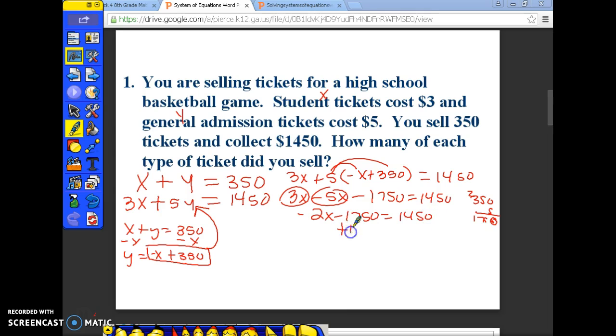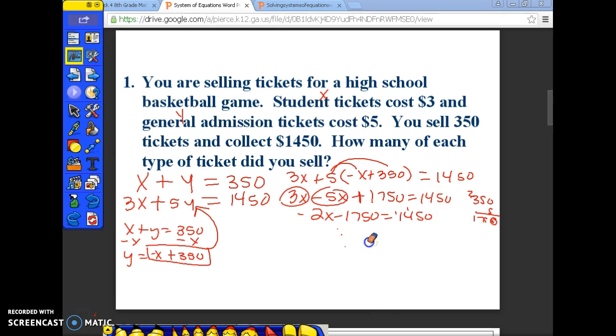We add 1,750 to both sides, and we get negative 2X equals 3,200. Actually, this is supposed to be positive, so we should be subtracting, not adding.